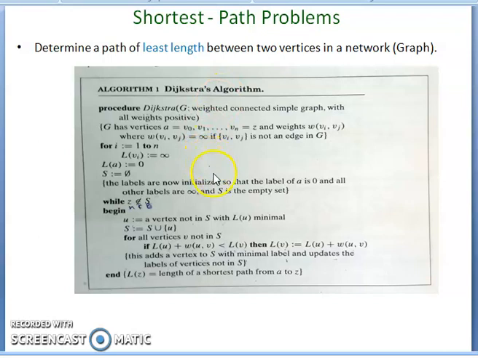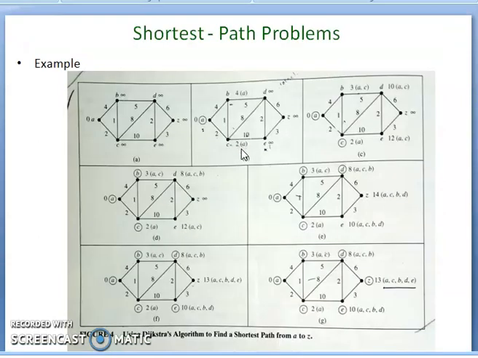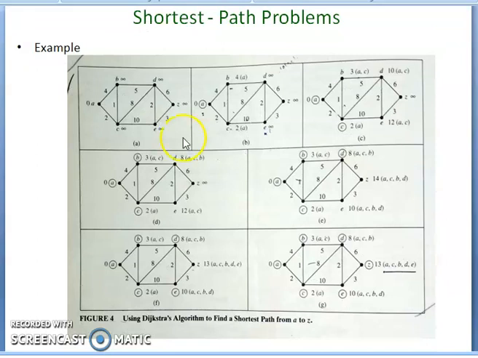Before discussing this algorithm, first we will go through a numerical example. This graph has the nodes A, B, C, D, E and Z. You find the shortest path from A to Z. You may go from A to Z in several ways.